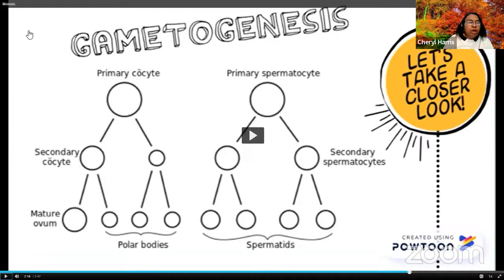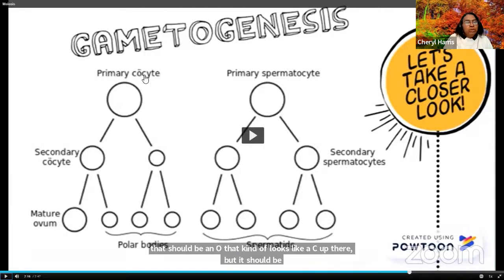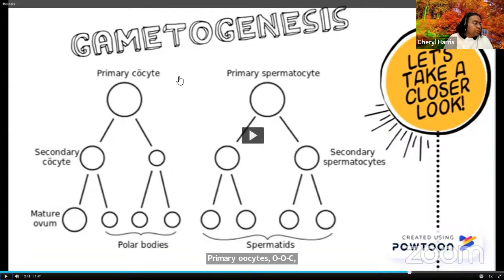And that should be an O. It kind of looks like a C up there, but it should be primary oocytes, OOCYTE, and primary spermatocytes. Okay. All right, so you have these initial cells that are going to divide to create two.